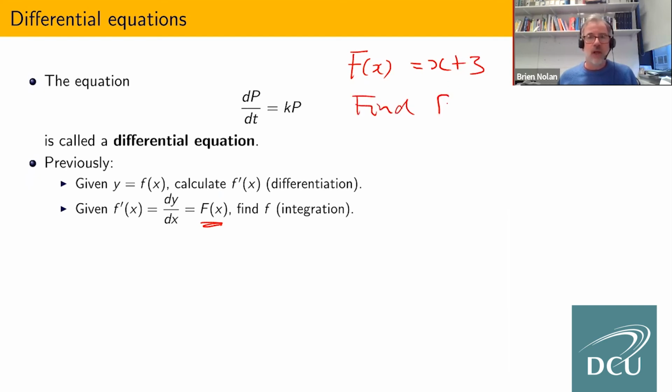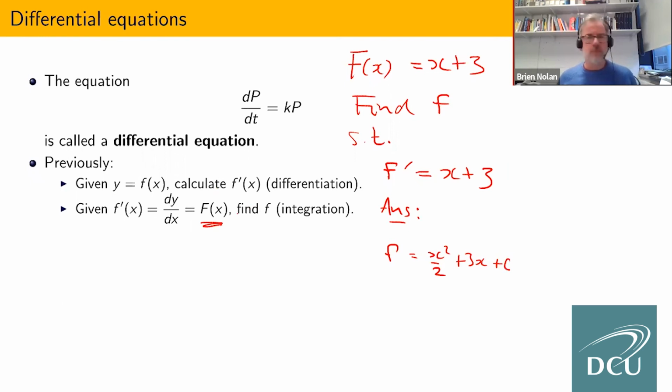Integration is the problem of finding f such that f prime is equal to capital F, x plus 3. So find the little f so that it turns into x plus 3 when you differentiate it. And the answer here, we know how to do this. We have our techniques of integration. The little f that we need here would be x squared over 2 plus 3x plus our constant of integration that we always have to remember.